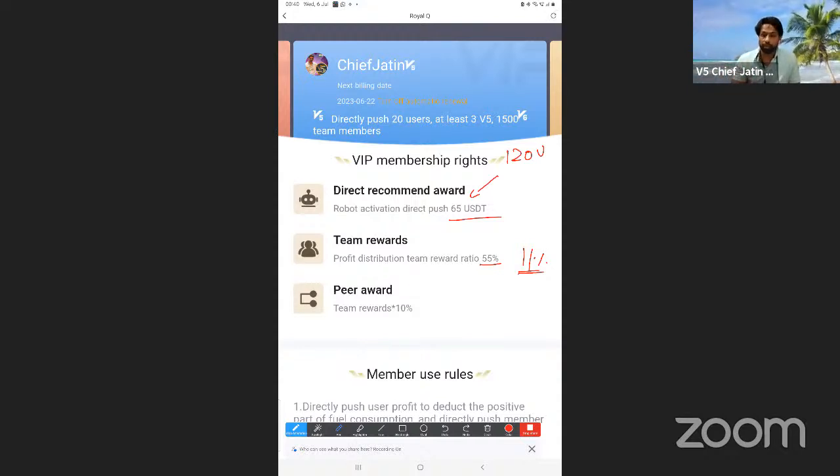Not only leader Clara's account, everybody in my team will be giving me 11%. Now again, one day, leader Clara and I will be in the same rank. These incomes will stop, but this 2% will never stop.